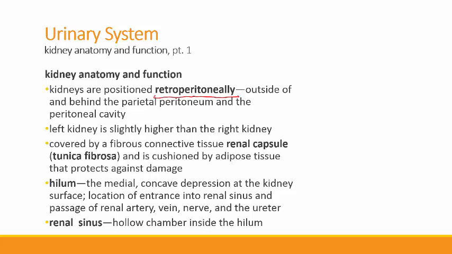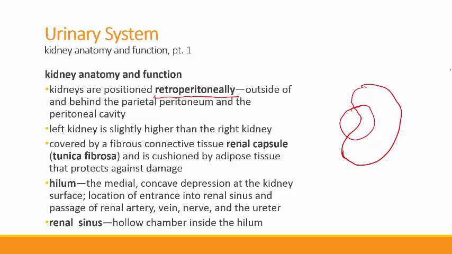The hilum of the kidney is, if we think of the kidney as being roughly shaped like a bean, if this is a black-eyed pea kind of bean, this region right here on the lesser curvature of the kidney is referred to as the hilum.